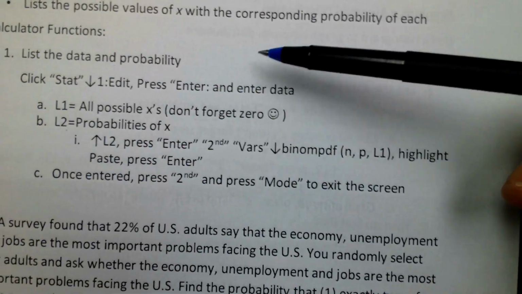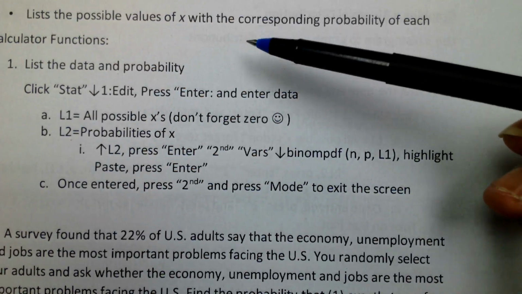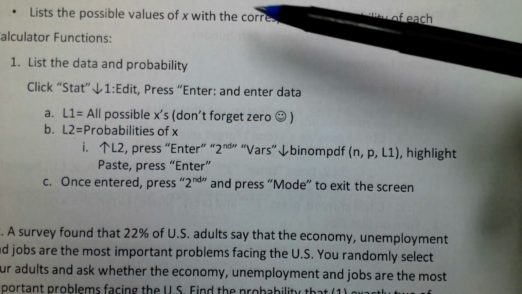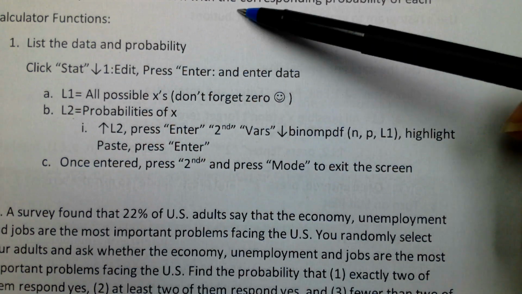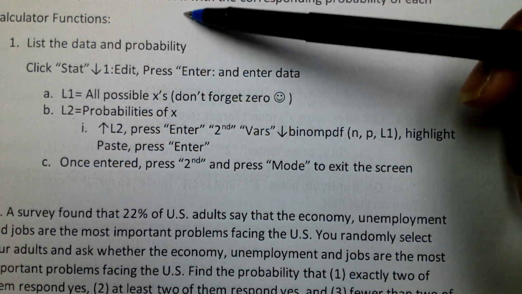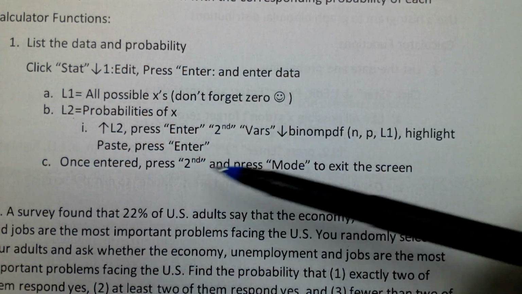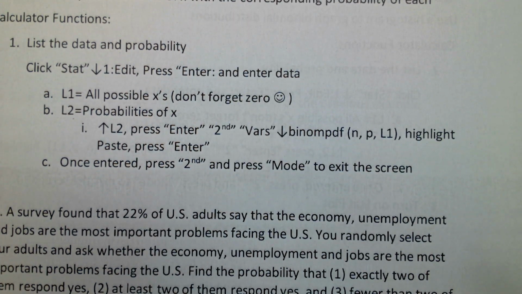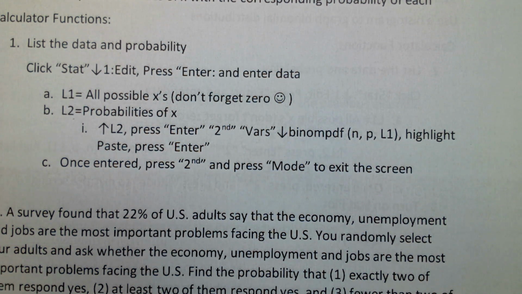So the last way to calculate this is going to be putting it in the calculator and letting all the probabilities calculate at the same time. So you remember how we did the relative frequency and we let the calculator calculate all our probabilities? So binomial problems, distributions, they can be done the same way. And we're going to do our problems down here that way.